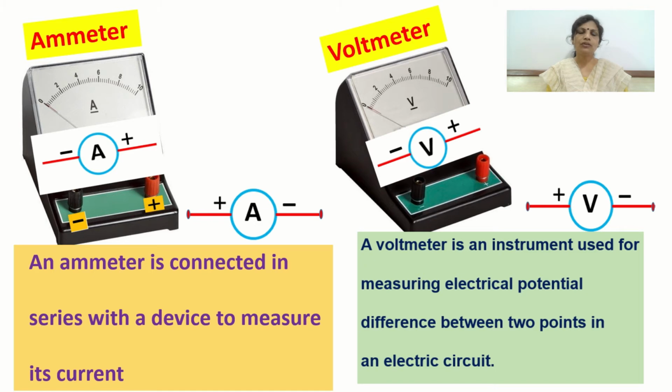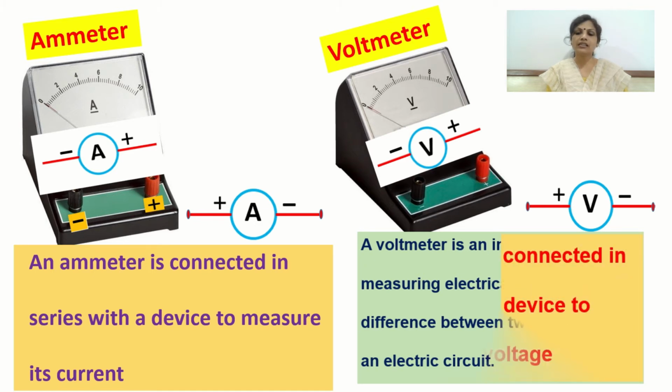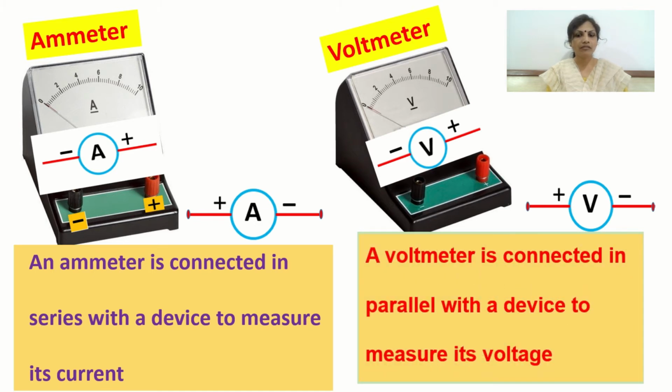Then I told you that a voltmeter is always connected in parallel with a device to measure the voltage. So in an electrical circuit, whichever device we are using, say a resistor or an electric bulb or whatever, when we have to find how much voltage is there across this device, we have to connect the voltmeter in parallel.